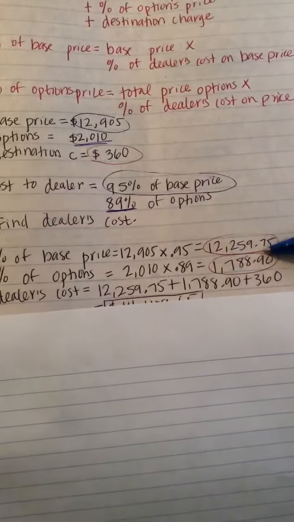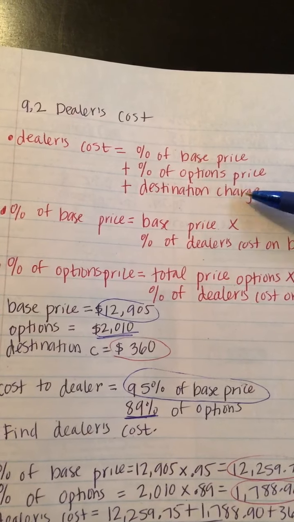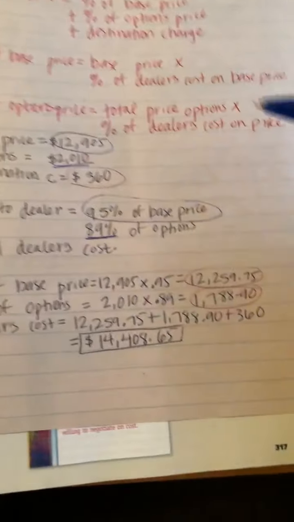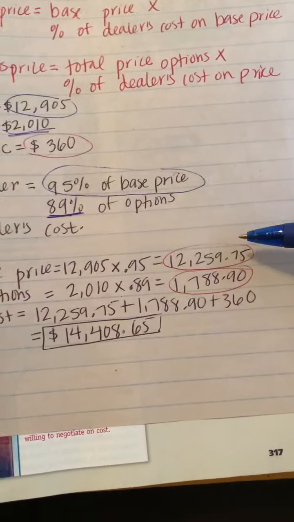So to get the total cost for the dealer, if we use the formula, you just add the percentage of the base plus the percentage of the options plus the destination charge. So I'm going to add these two answers that I got when I multiplied, and then don't forget the destination charge, which was the $360.